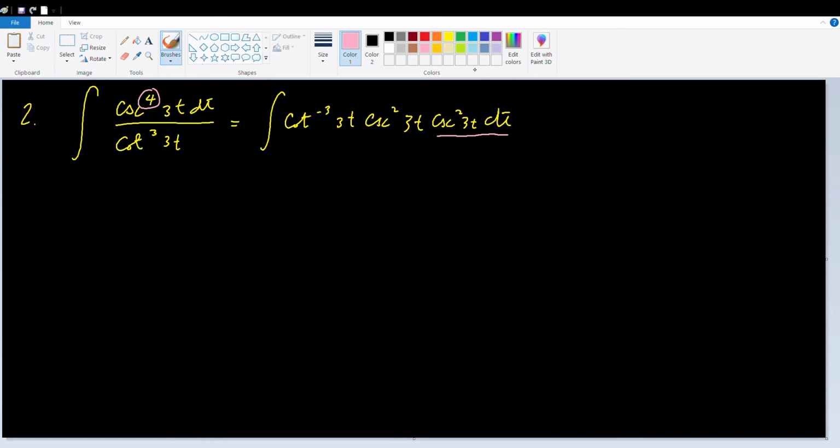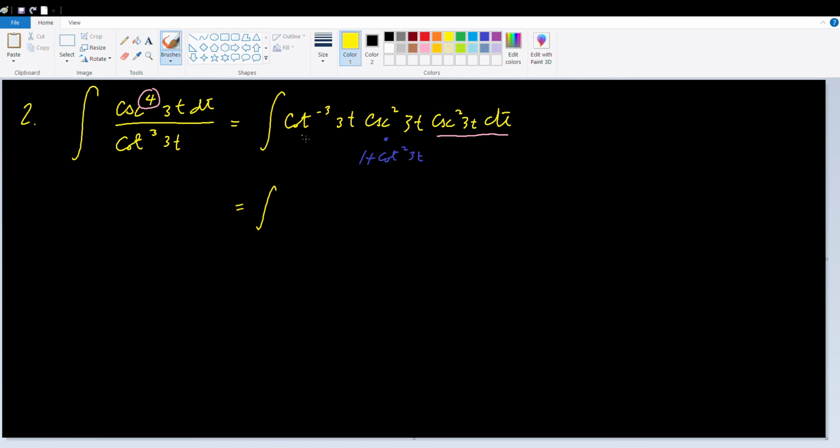So we shall now replace cosecant squared by 1 plus cotangent squared 3t. Just like what we have done earlier, we will distribute cotangent to the negative 3 3t and split this into two integrals.